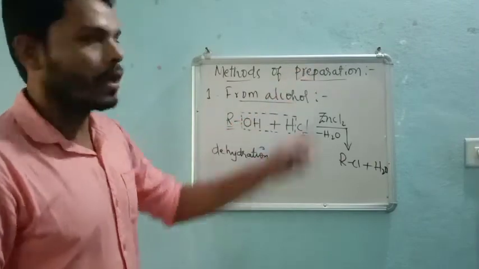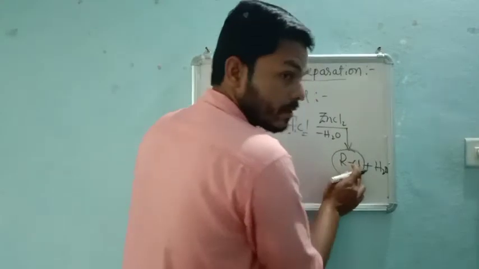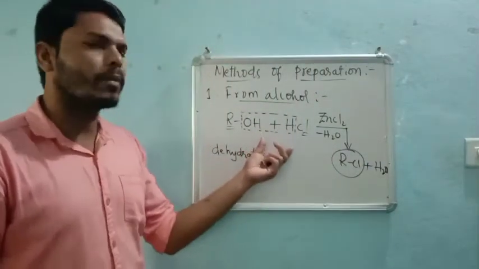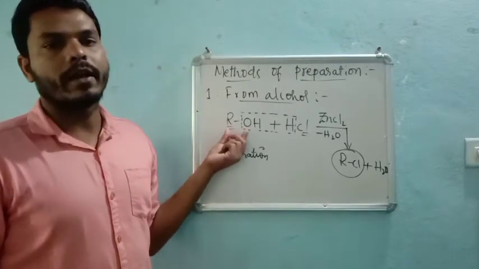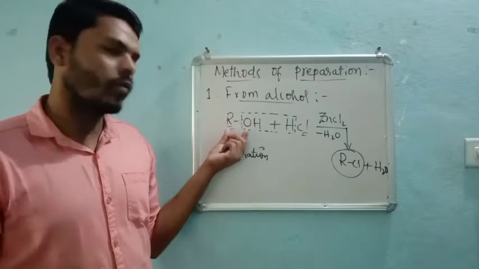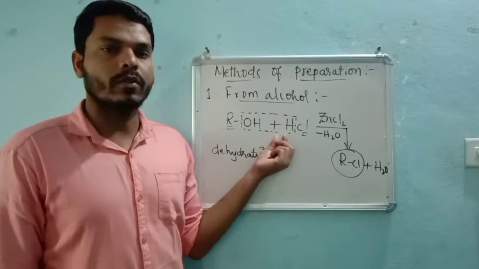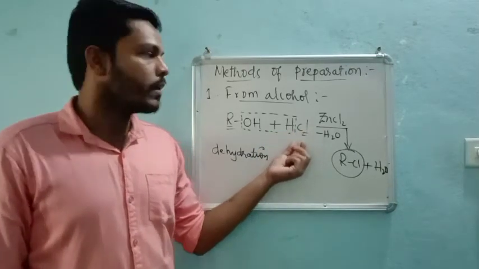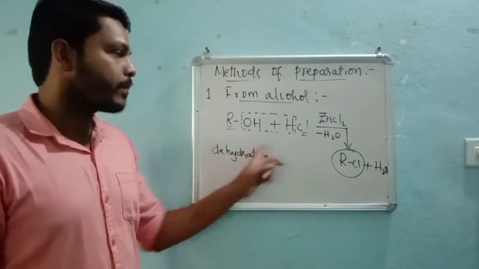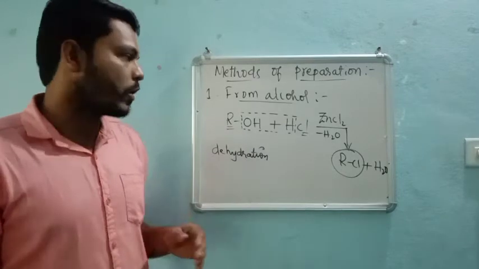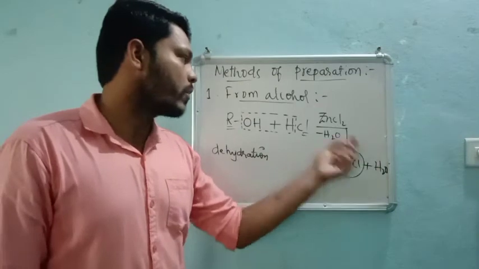What are we preparing? We are preparing haloalkanes. What is the compound? Haloalkane, alkane as well as the halogen. So very simple, from alcohol. I repeat, primary alcohol you can take, secondary alcohol you can take, whatever it may be. Alcohol reacts with hydrogen chloride or hydrogen halide in the presence of ZnCl2, which acts as a dehydrating agent. That means ZnCl2 will remove the water molecule to form haloalkane.